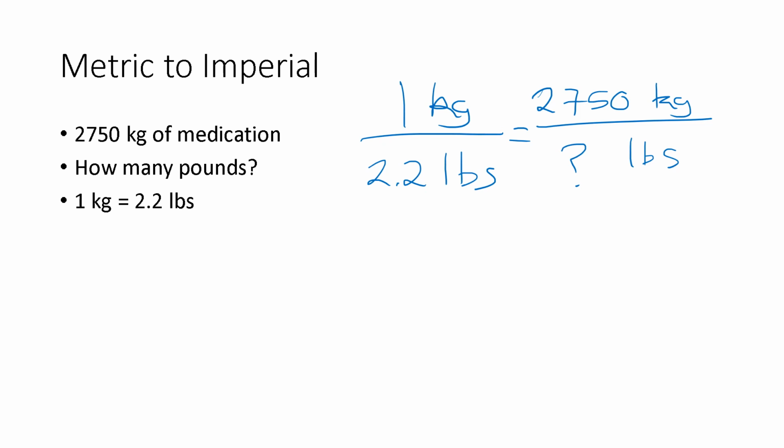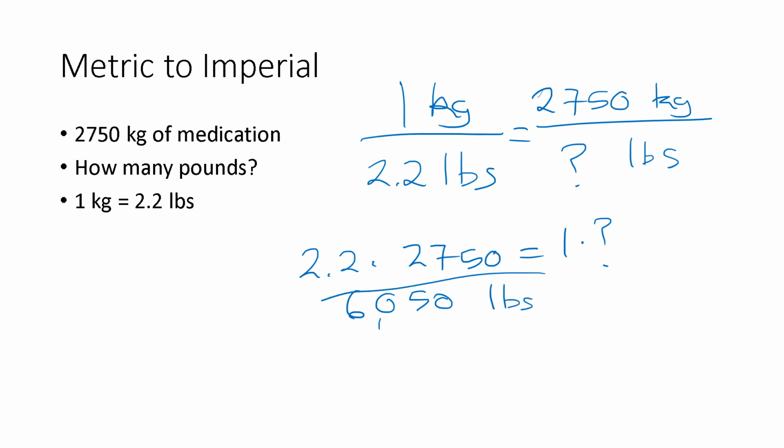Well, we can cross multiply this, and we'll get 2.2 times 2750 equals 1 times our mystery variable. And then 2.2 times 2750 is 6,050. Specifically 6,050 pounds. You're taking a whole lot of drugs with you to Lebanon.